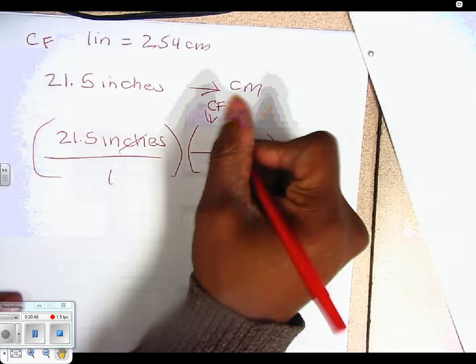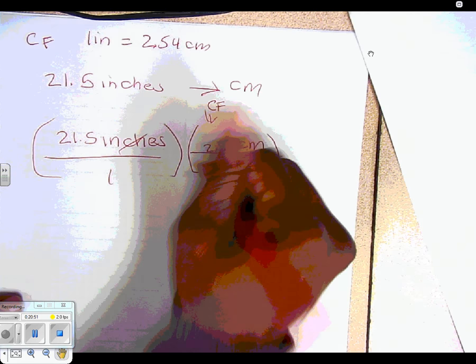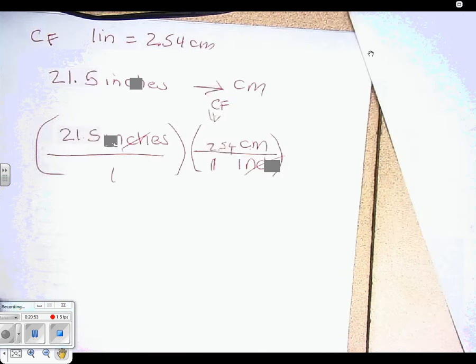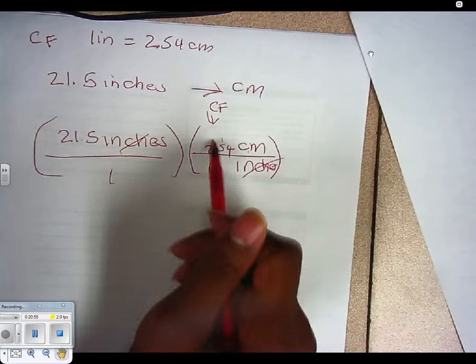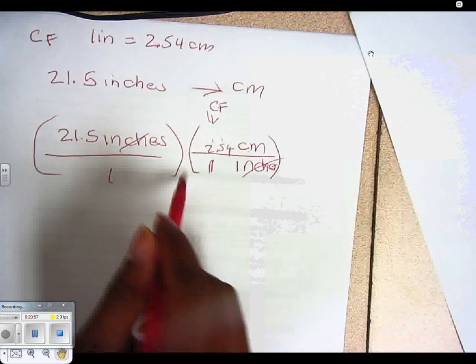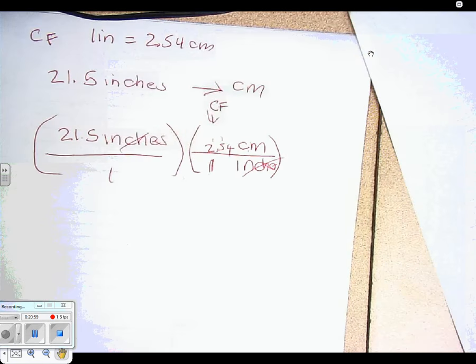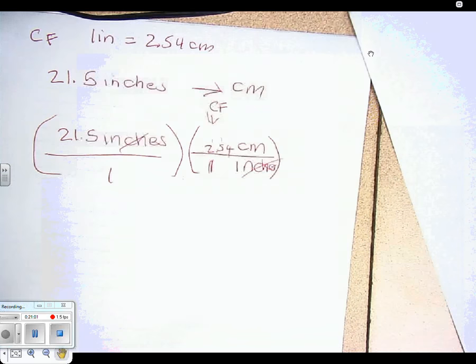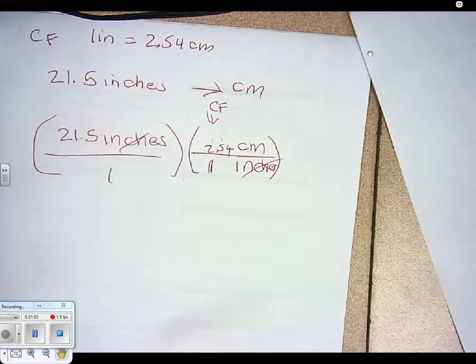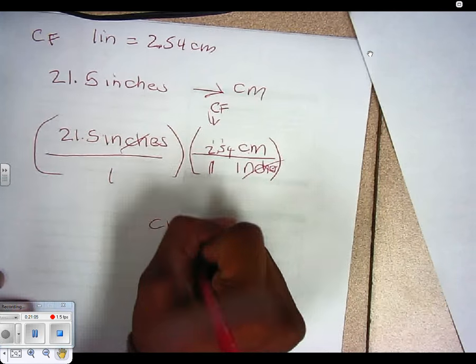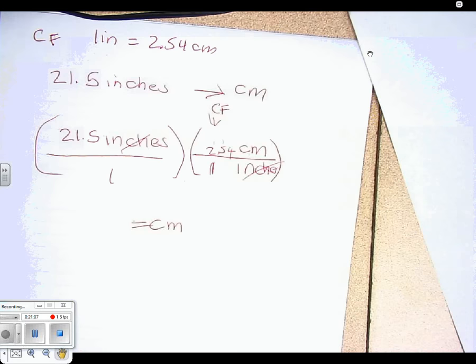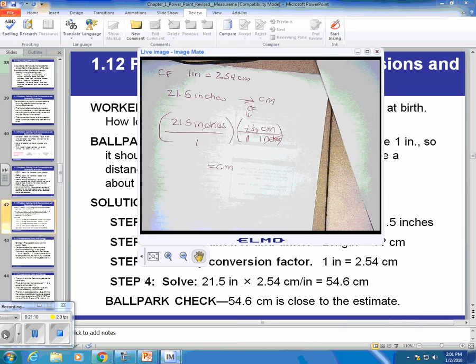And I know that 2.54 centimeters is equal to 1 inch. And when I solve, I'm going to multiply everything on the top and divide by whatever numbers are found on the bottom. So 21.5 times 2.54 centimeters should get me my answer in centimeters. And that's how you apply the factor label method.